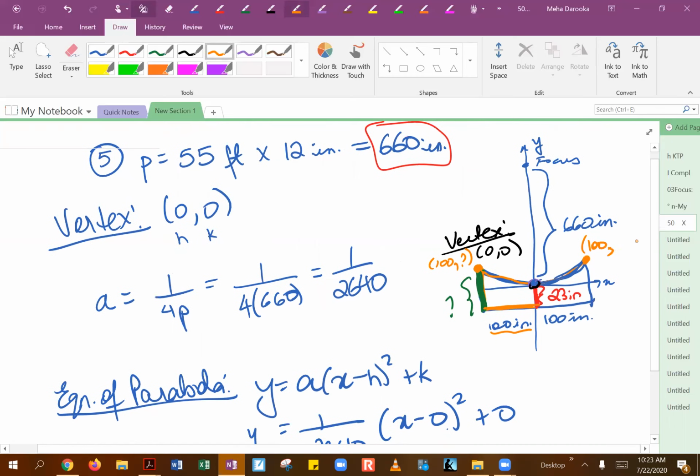We just want to find what our y value is, which will actually give you this distance right over here. So by finding this y value for this coordinate, it basically gives you this distance. And when you have this distance, then we can add the 23 inches for this bottom part here, and you would have that total thickness of your glass mirror.